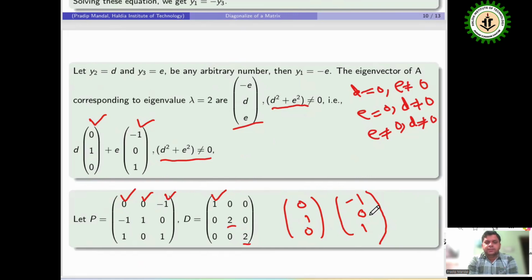That's why P is non-singular. That means these three eigenvectors are linearly independent, and that means P is non-singular.